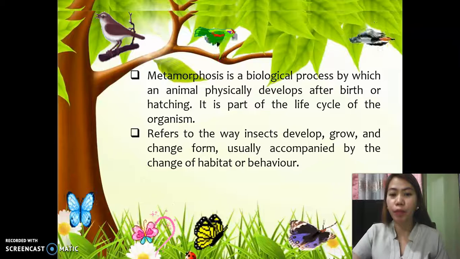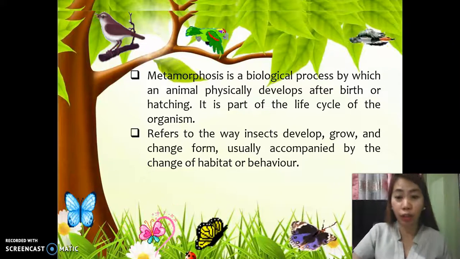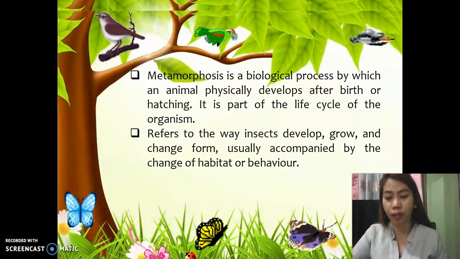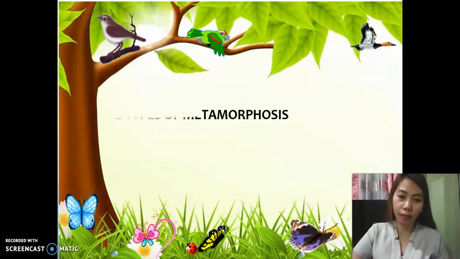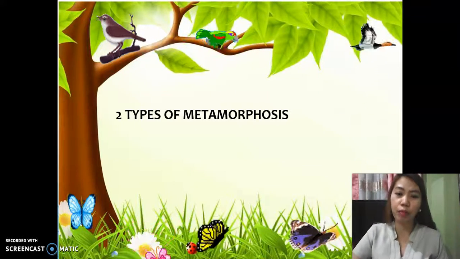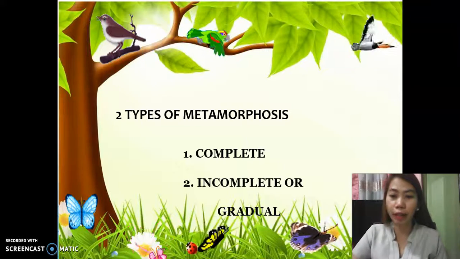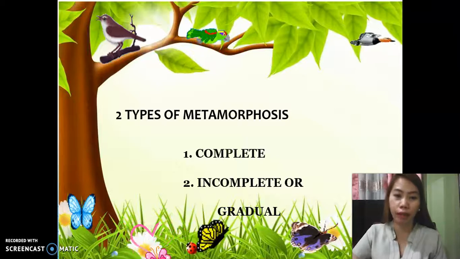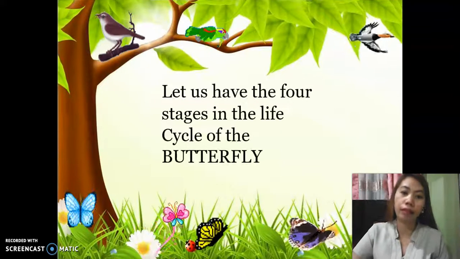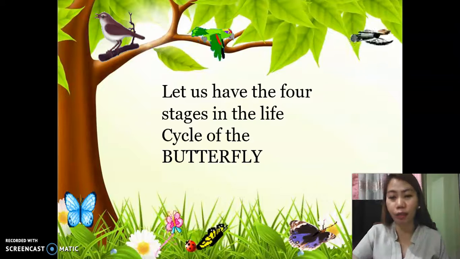So, metamorphosis is either from hatching or from birth. Okay? So, that's it. Now, we have two types of metamorphosis, children. Okay? We have the complete metamorphosis and the incomplete or gradual. Now, let us have the four stages in the life cycle of the butterfly.